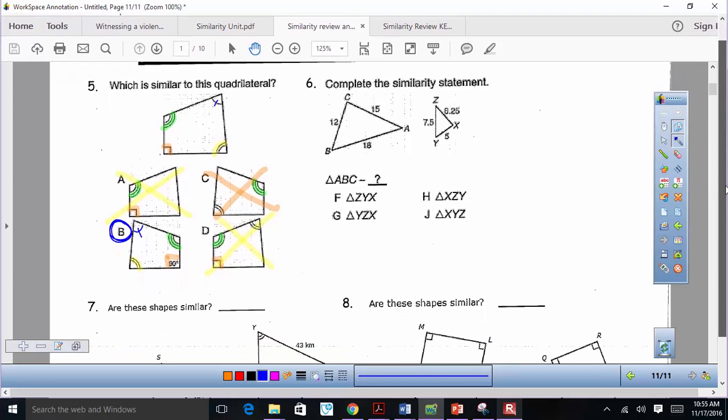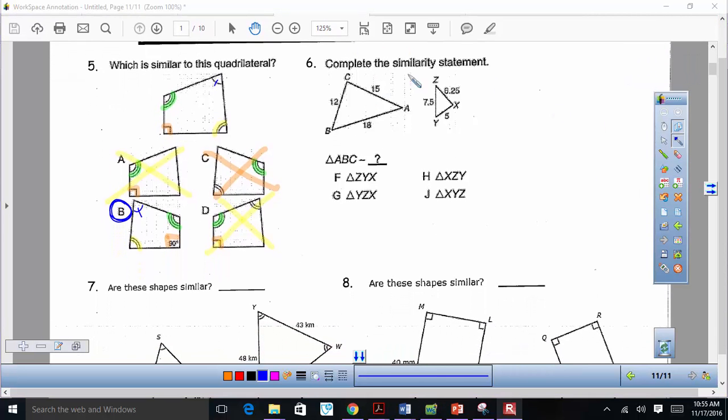Okay. Now, in number 6, they want us to complete the similarity statement, which means that if we're completing it, we already know they're similar. So the order in which this one goes is they say A, B, C. If I start at A and go to B, and I'm comparing the 3 sides, is this the short, long, or middle side?